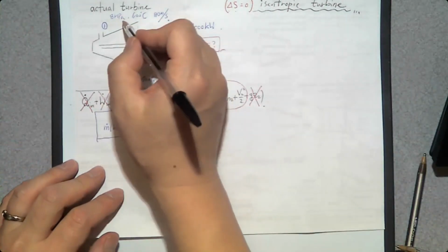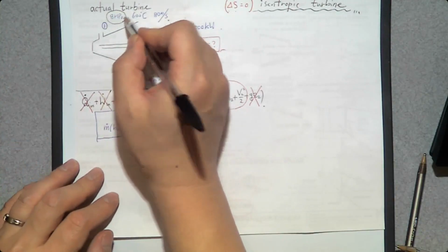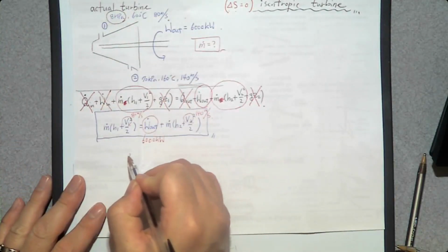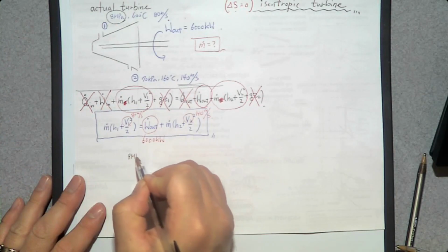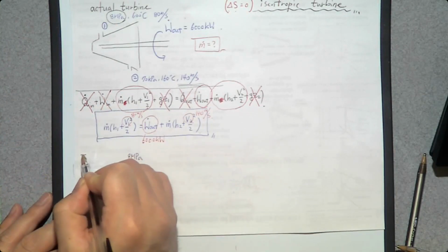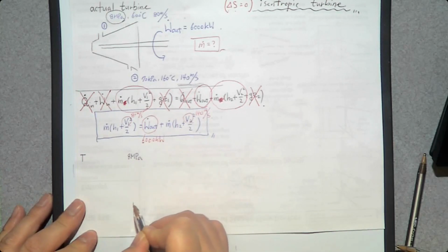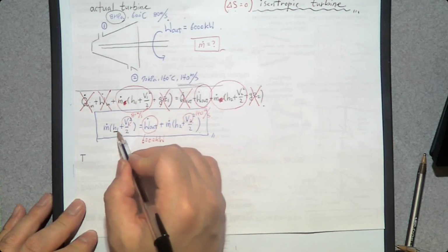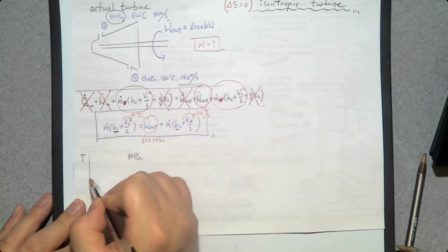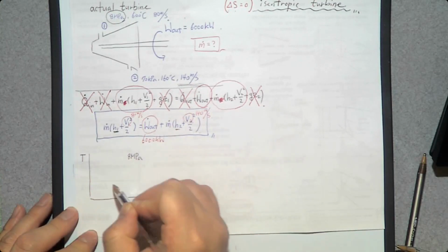So I'm going to use 8 megapascal to make a property diagram. So at 8 megapascal, we can make T-v, T-h, T-u. I'm going to say T-h because we are interested in h. So T-h diagram looks like this.